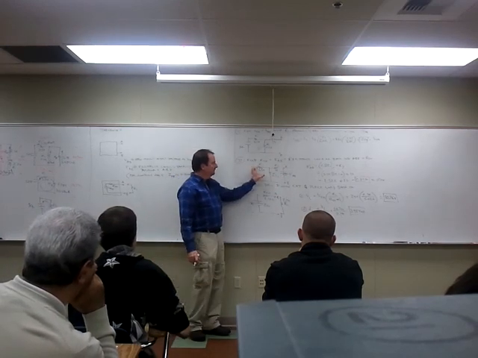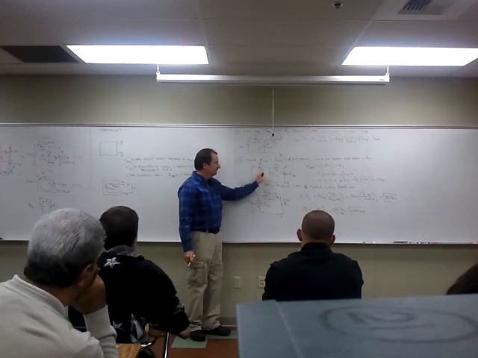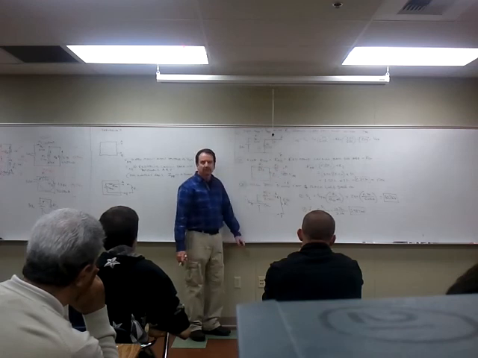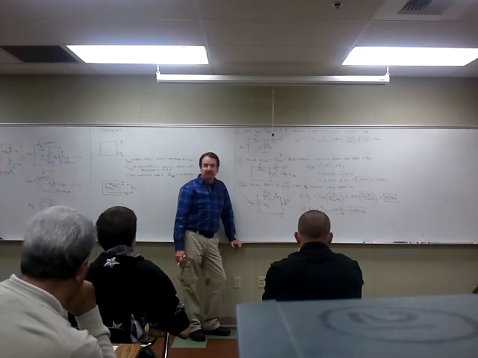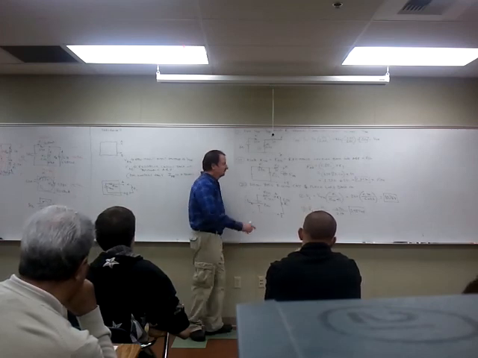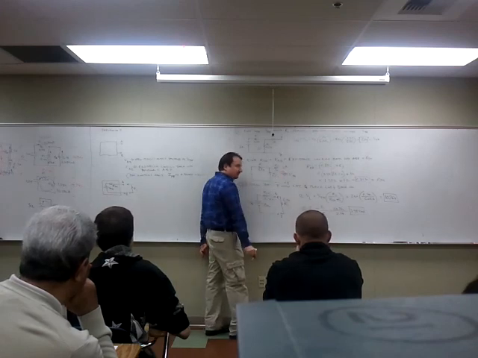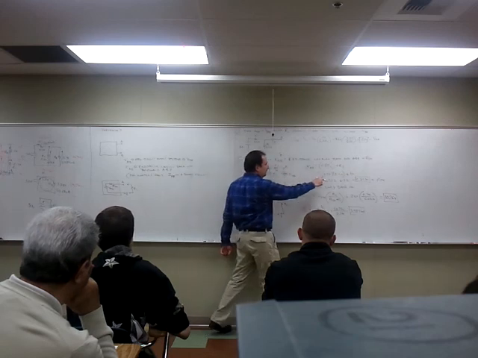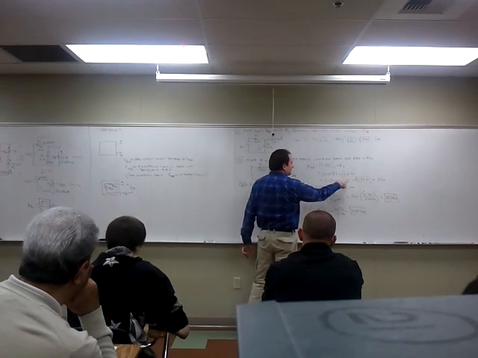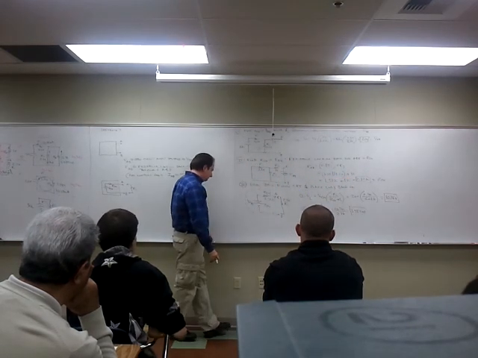Once you find the parallel equivalent of these two resistors, add it to 1K to get R total from the point of view of that supply. So when I say resistance looking back into a circuit, it's as if you put a power supply at the output terminals, and what would this power supply see as R total? R1 and R2 in parallel plus R3, so it's 2.32K.